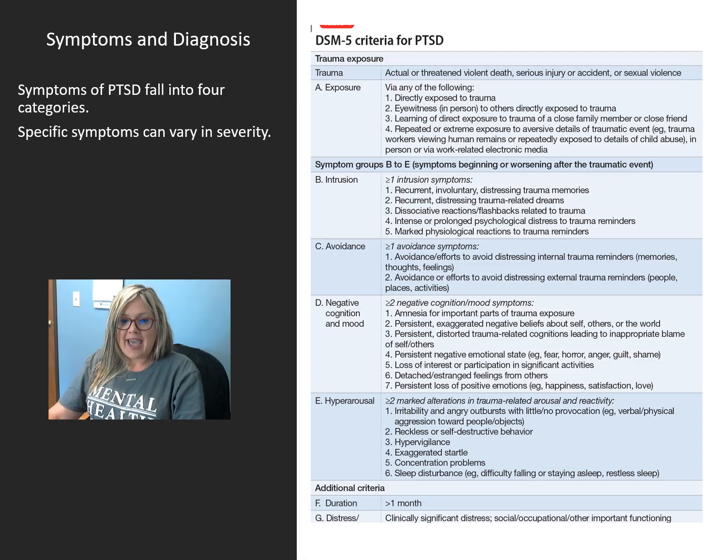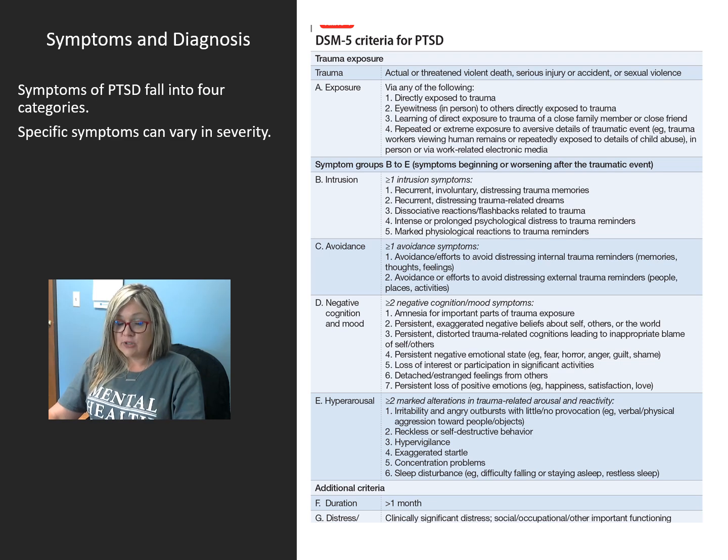When we look at the criteria to diagnose PTSD, first they need to be exposed to the trauma, and then they need to experience these 4 different categories of symptoms.